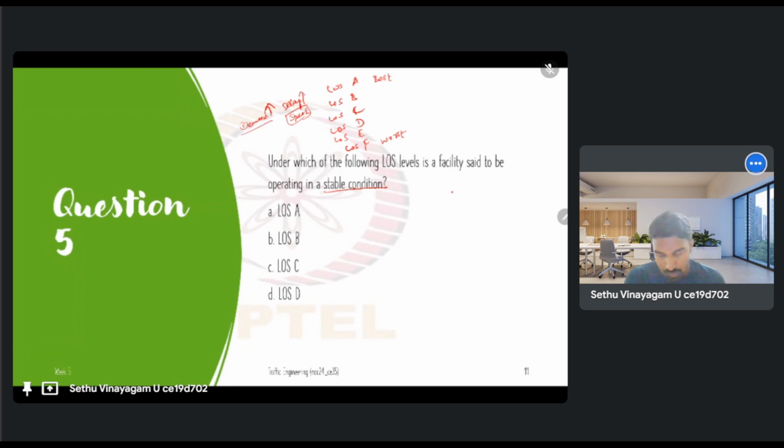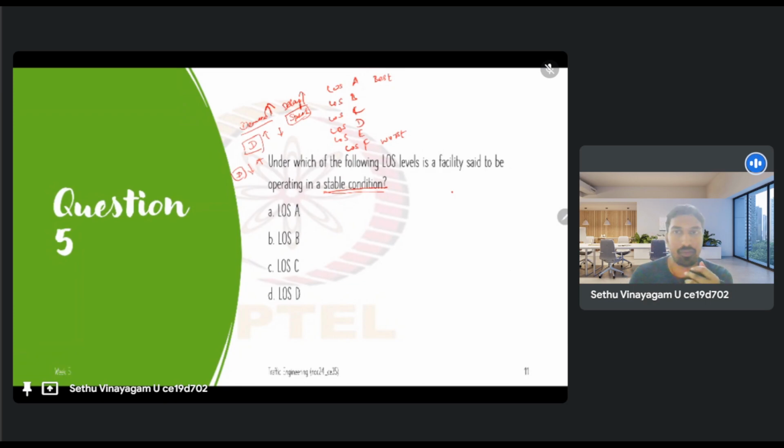So what does stable condition mean? If demand is at some particular level, at a given LOS, and we nudge this demand, so if we increase the demand, the quality is going to go down. But if we bring the demand back by the same amount, we have to see similar recovery in the quality as well.